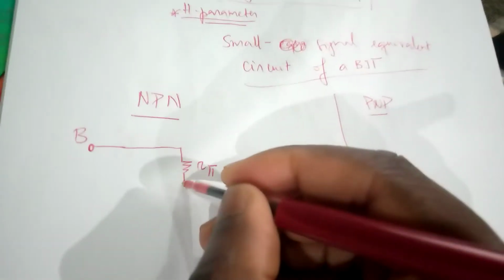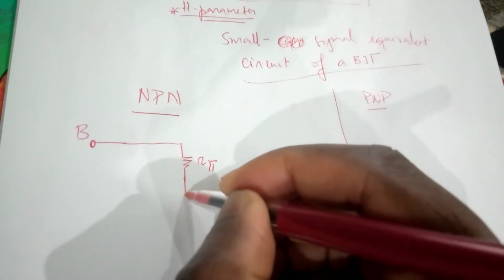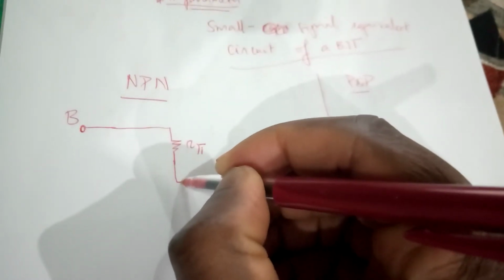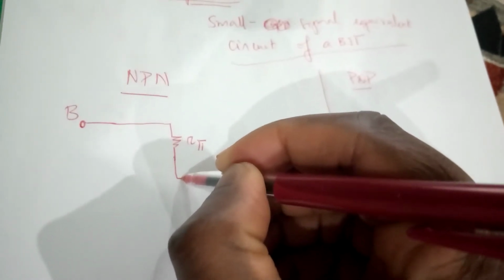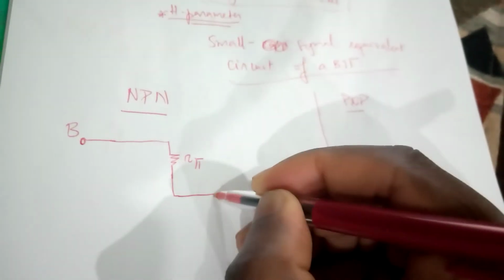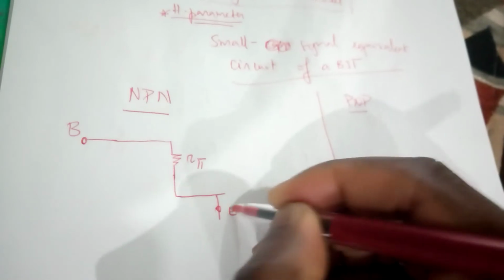R pi, and I'll explain where that R pi comes from. What is the motivation for saying that there is an internal small resistance at the base, or looking into the base of an NPN transistor? It's called R pi. Then we reach the emitter. So between the emitter and the base, there is an internal resistance called R pi.